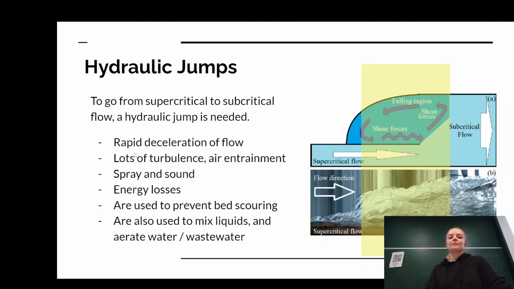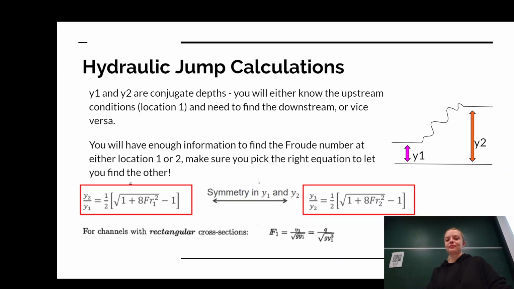Then we've got spray and sound, energy losses, and hydraulic jumps are used to prevent bed scarring, particularly on the spillway of dams. They're also used to mix liquids and aerate water and wastewater, which you'll probably see pop up in the design of things for wastewater treatment plants.